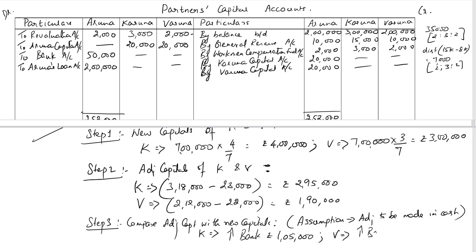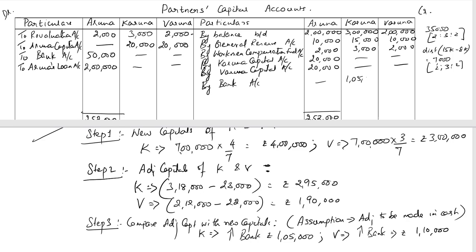Varuna also has to bring in cash of rupees 1,10,000. So let's enter that in the partners' capital accounts by bank account. In the case of Karuna, it's 1,05,000 rupees. And in the case of Varuna, it's 1,10,000 rupees.